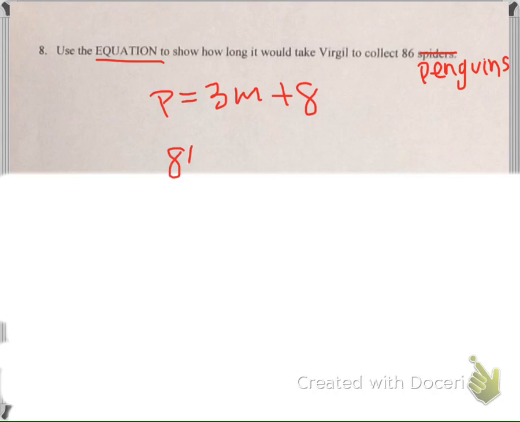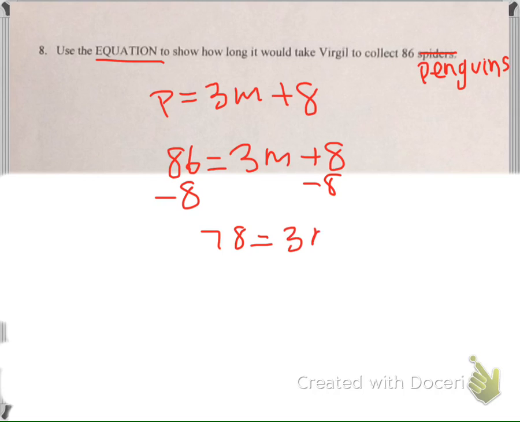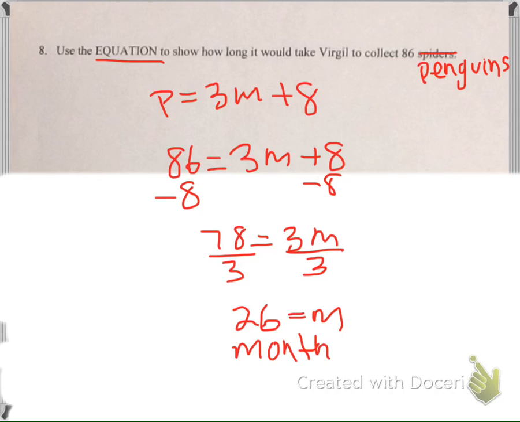So I have 86 equals 3m plus 8, and now I subtract 8 on both sides. 86 minus 8 is 78 equals 3m, and then I divide by 3 on both sides. 78 divided by 3 is 26 months. So it would take him 26 months, that's more than 2 years, to get 86 penguins.